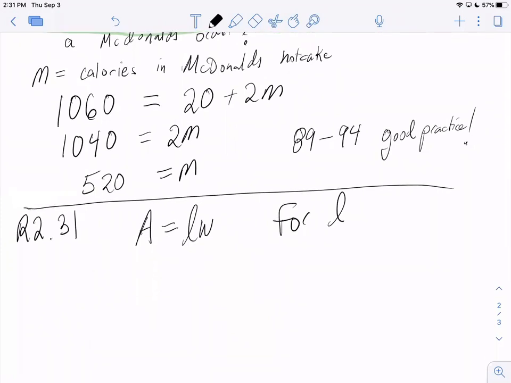To get L completely by itself, in other words, to solve for L, you just divide both sides by W. This is going to be a useful technique sometimes when you want to solve a more complicated system of equations, or some sort of word problem, where you can replace an unknown quantity with variables that are part of another equation, so you can eliminate using this unknown quantity.